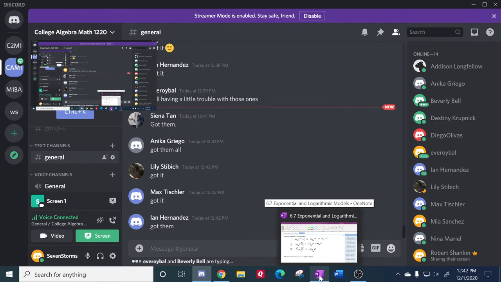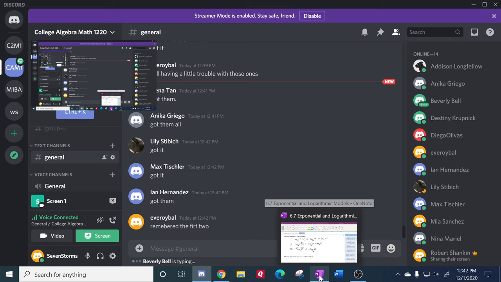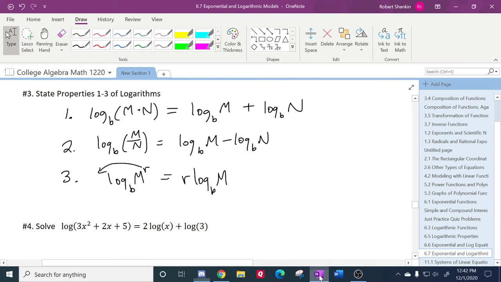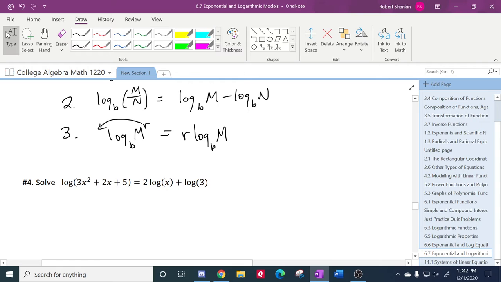Once again, I'm going to mention what's called the memory dump strategy. If you dump these rules down, then you have something to refer to, and when you do some tougher problems, you might need them. Alright, so go ahead and do number 4.